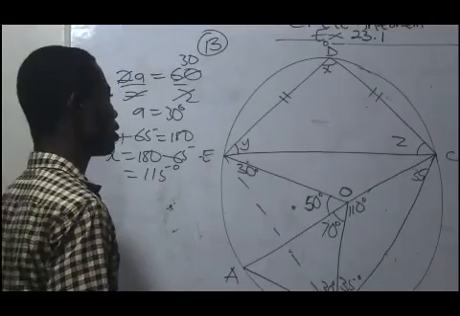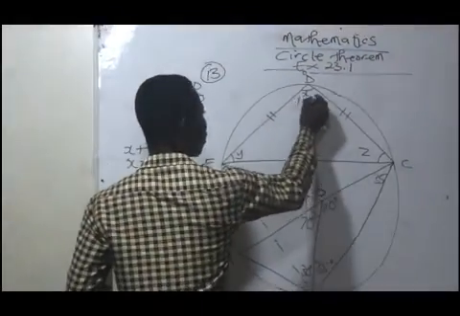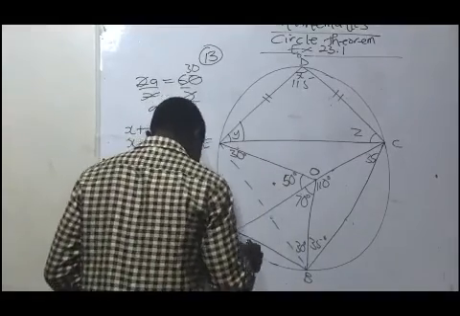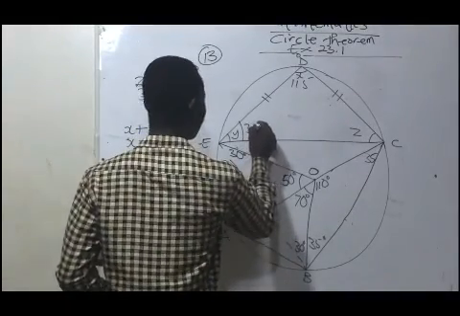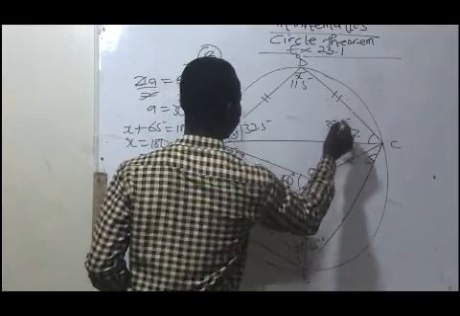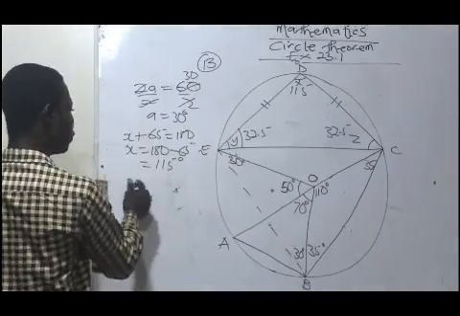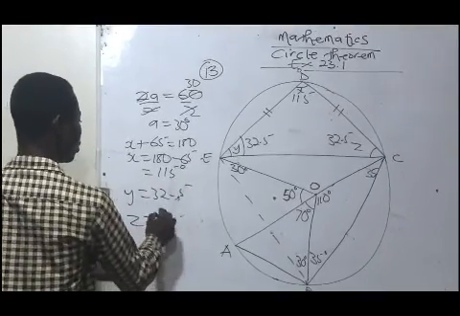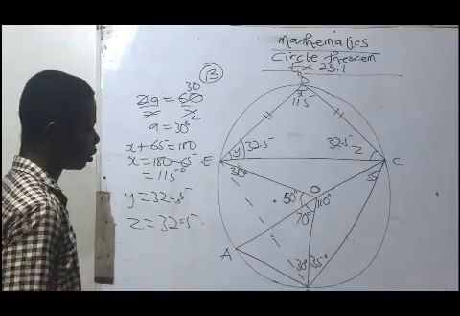So here we have x equals 115, y to be 32.5, and then z to be 32.5 degrees.